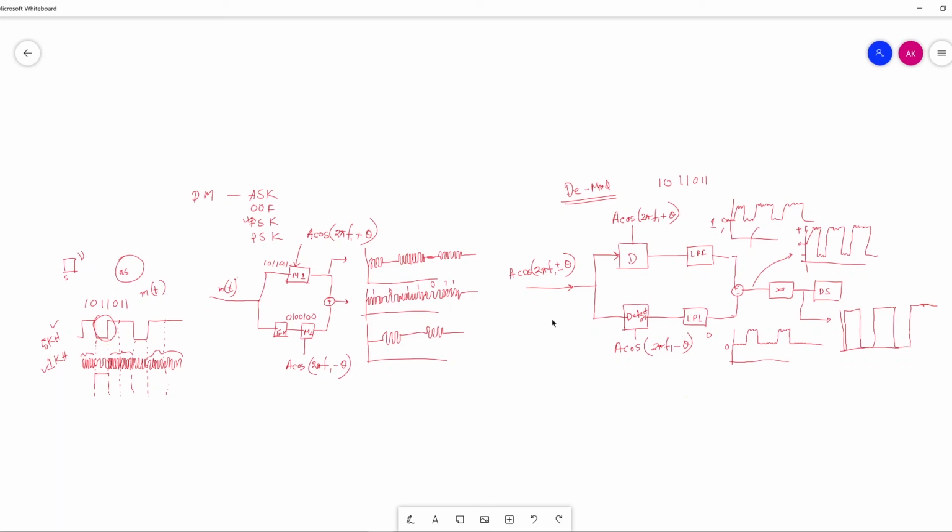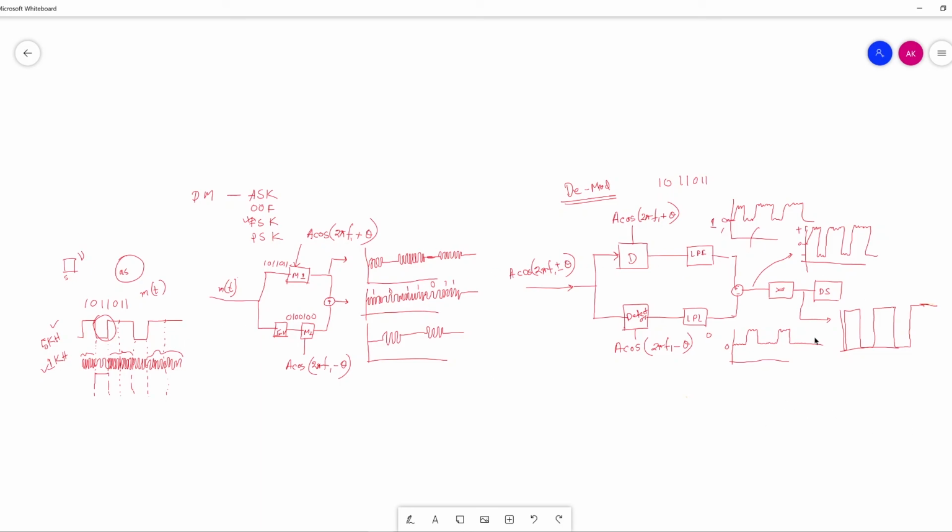So this is our whole process. So from satellite we are sending this data, and after this kind of processing at the ground station or in your home, you are getting this data with some delay because we use some low pass filter and some other things.